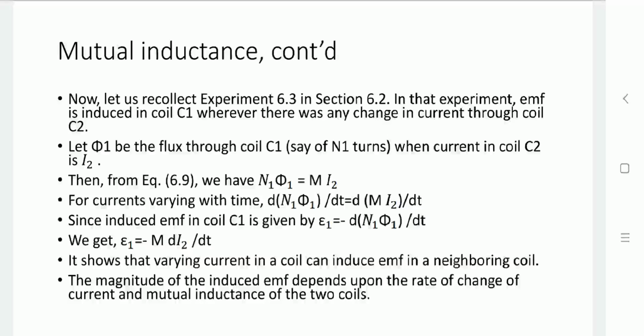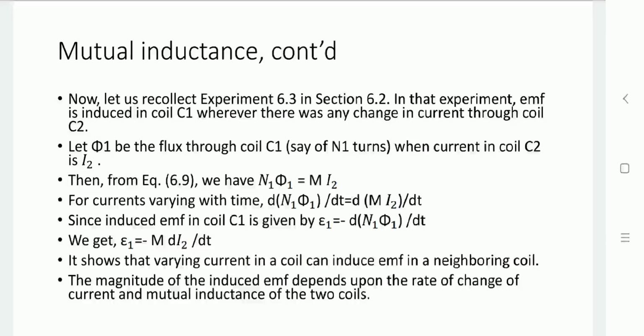That is N1 phi 1 equal to M I2. If we differentiate for the current varying with time, d N1 phi 1 by dt equal to M dI2 by dt. So epsilon 1 equals minus d N1 phi 1 by dt, because the EMF is d phi by dt.